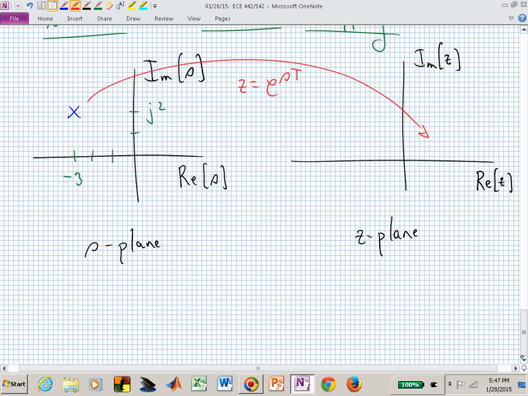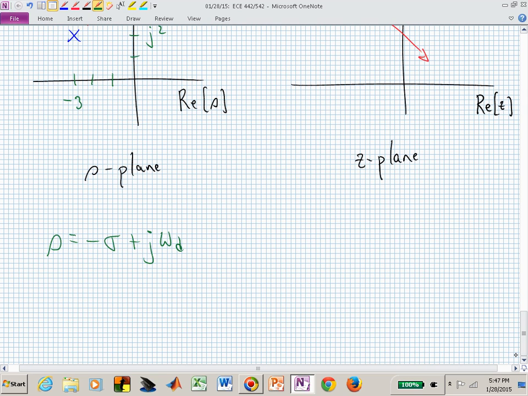So now we have s equal to, let's say, minus sigma plus j omega sub d in more general terms. And we had our specific point as -3 plus j2.